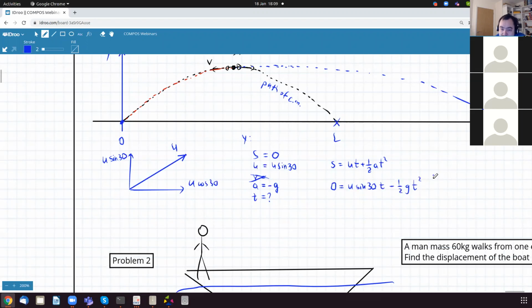Now we are allowed to divide by t because we know t is not 0. So we divide by t, and we get u sine 30 equals 1/2 gt. So t is equal to 2 u sine 30 divided by g.